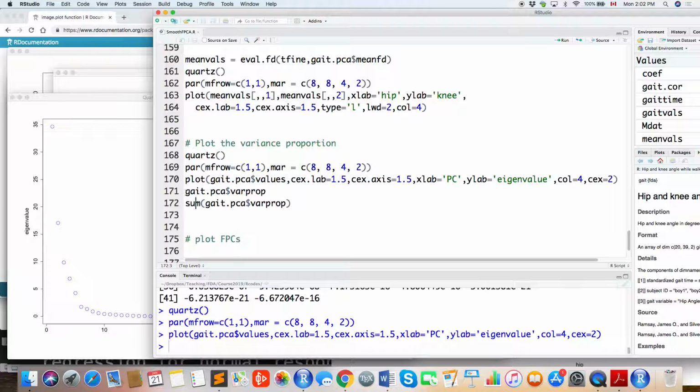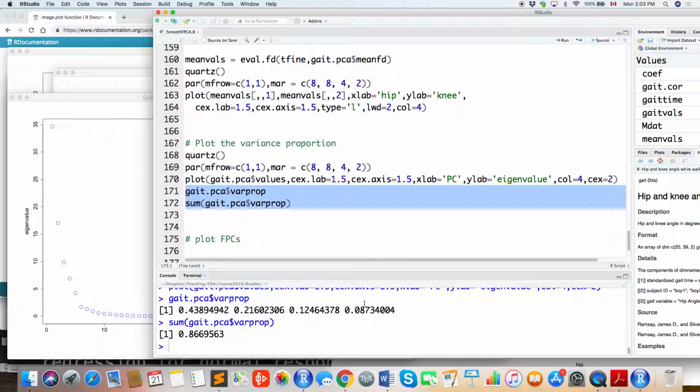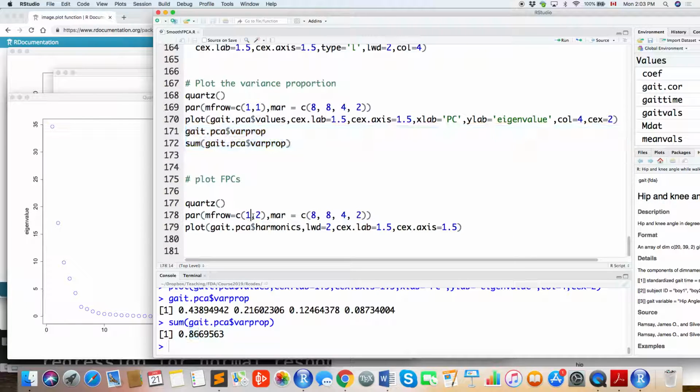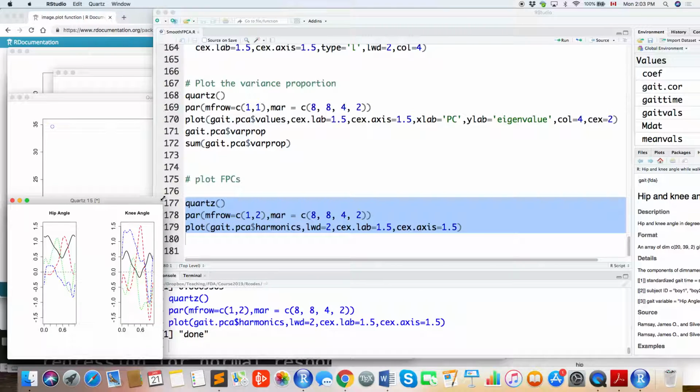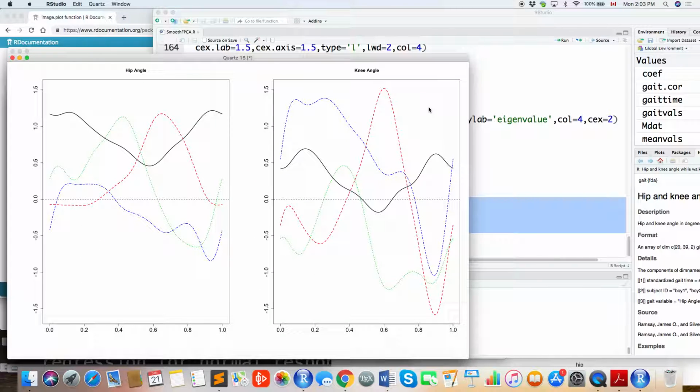Looking at the accumulated proportion, you can see the first 4 principal components account for 86.7% of the total variation. And then we can plot the FPCs. So this is the simultaneous FPCA on the hip curves and the knee angle curves.